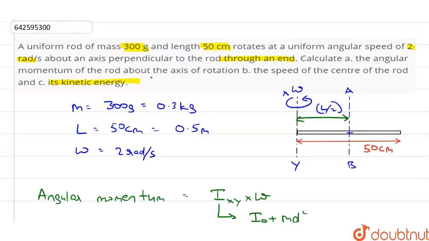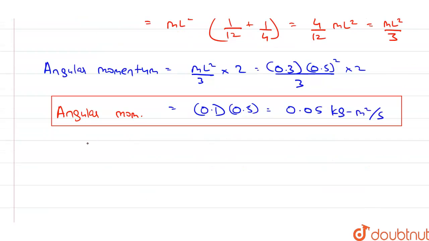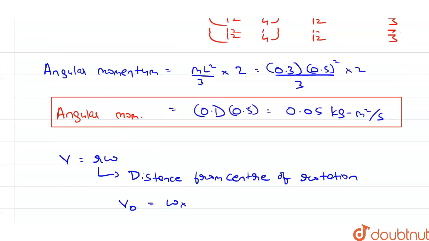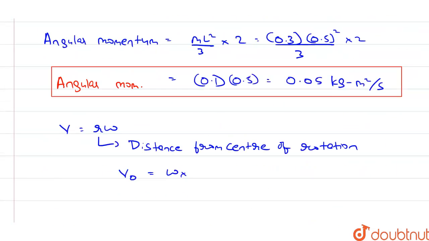And the B part, we need to calculate the speed of center of the rod, that is velocity of point O. Now linear velocity V is equal to r omega, where omega is the angular velocity and r is the distance from the center of rotation. So V of the center, that is V of point O, is equal to omega into the distance of point O from the axis of rotation, which is L by 2.